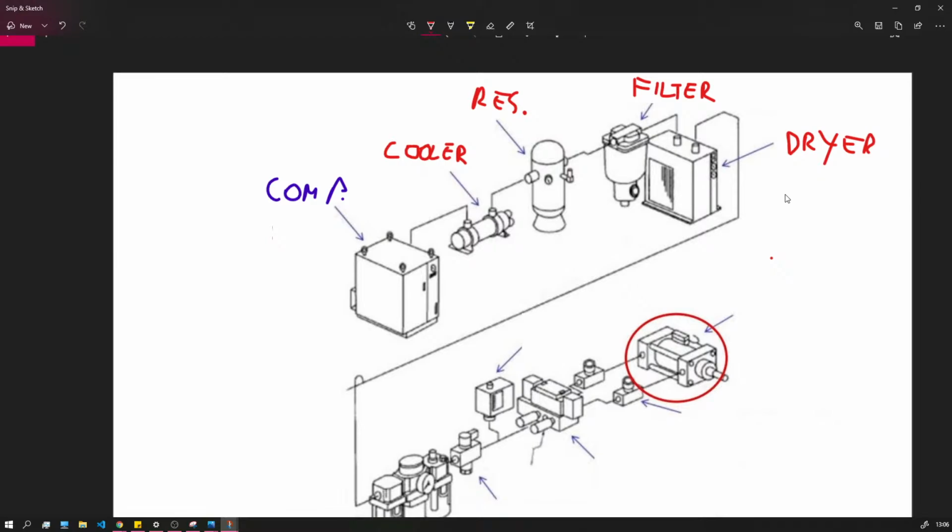There are other options for how we can dry the air. We can use chemicals that tie the water into the chemicals. They're basically like drinking it from the air.